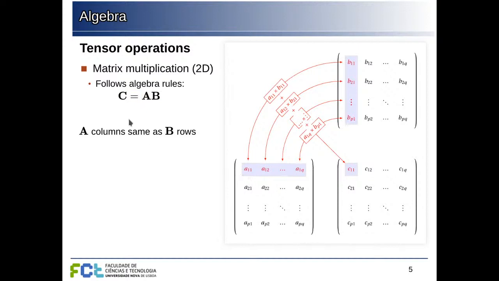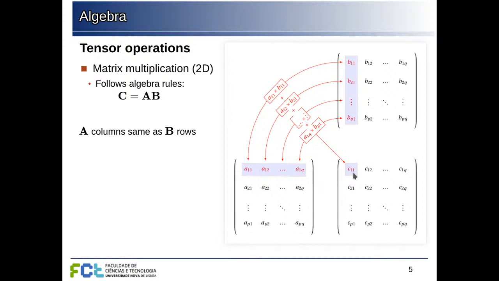For matrix A, the first one in the multiplication, we need to have as many columns as there are rows in matrix B, because we are going to multiply each row of matrix A by each column of matrix B. So for each column of matrix A, we need to have one row on matrix B. That is the requirement so that we can do this operation.